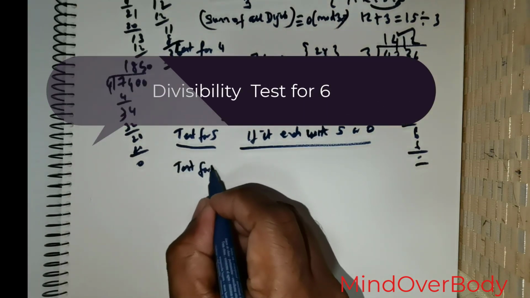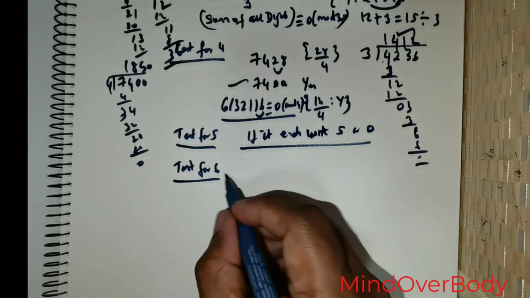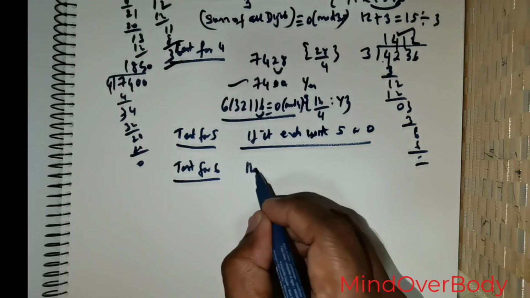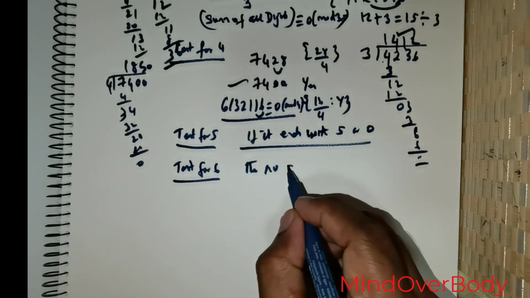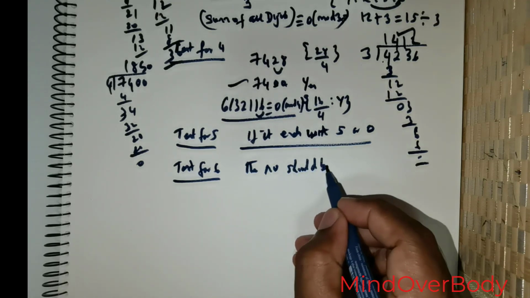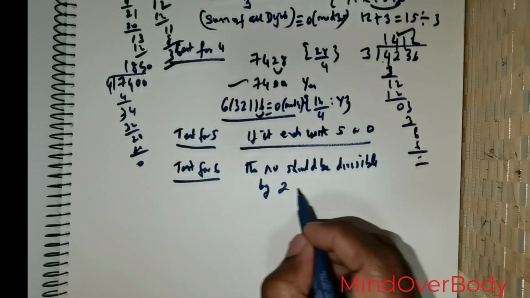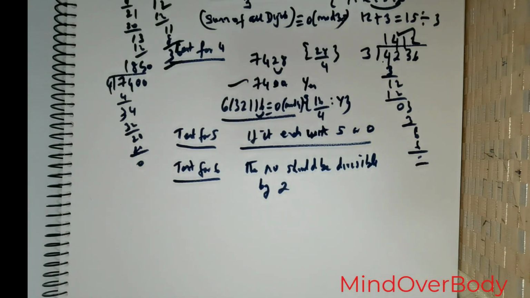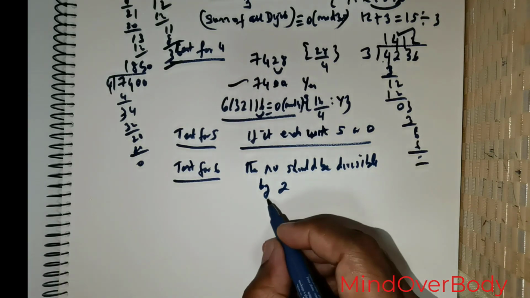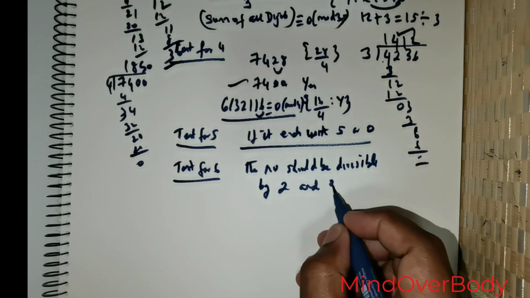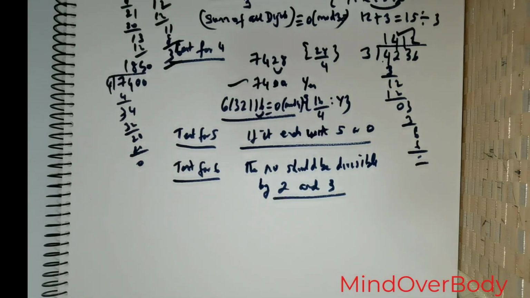So for 6, the number should be divisible by 2 and by 3. So by 2 and 3. These two things should qualify.